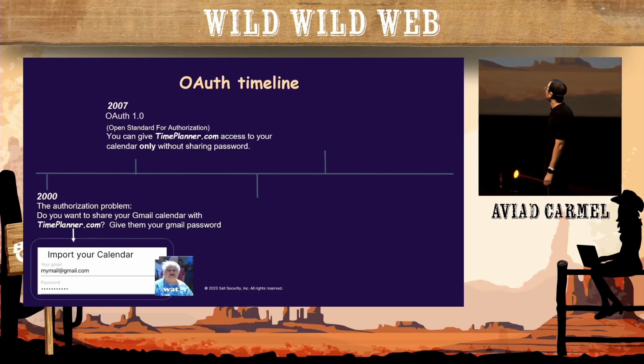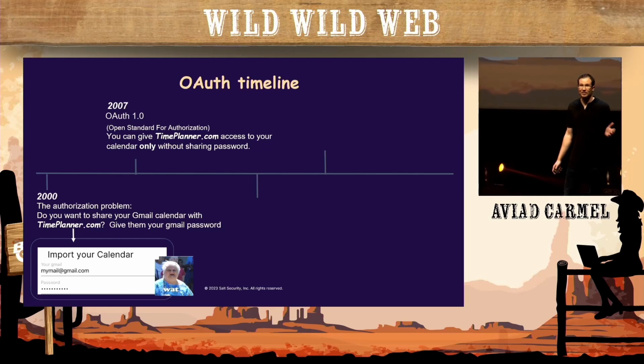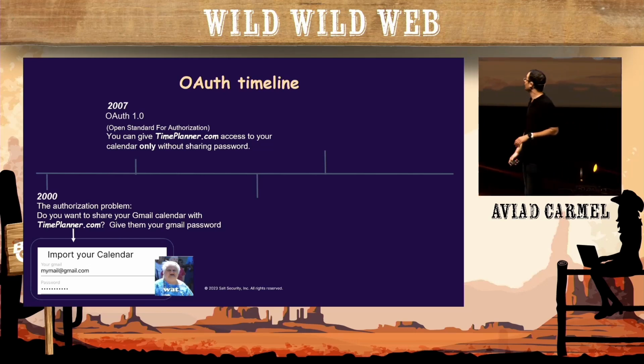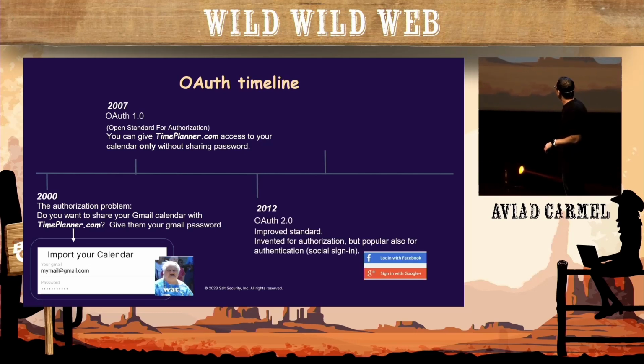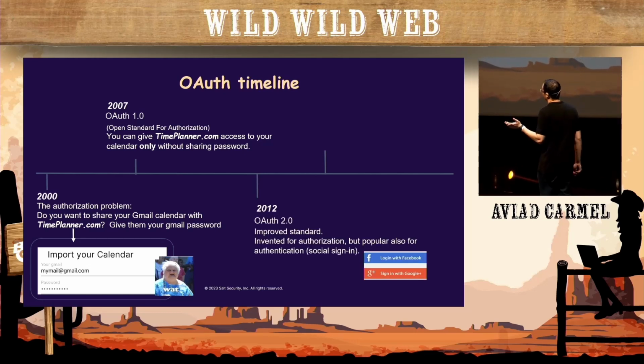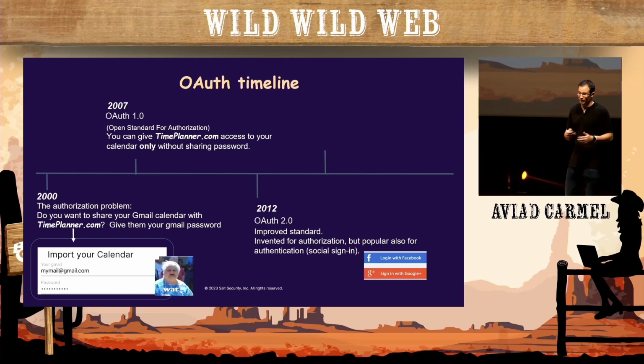With OAuth, you can give Time Planner access to your calendar only and without sharing your password. So even if Time Planner is a malicious website, you have nothing to worry about. Now, while the example with Time Planner is authorization, because we are giving access to the calendar, OAuth is even more popular for social sign-in, which is authentication.